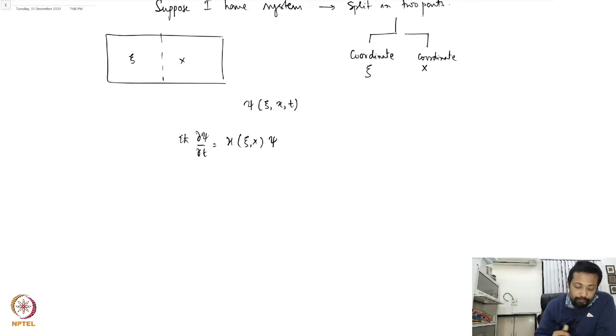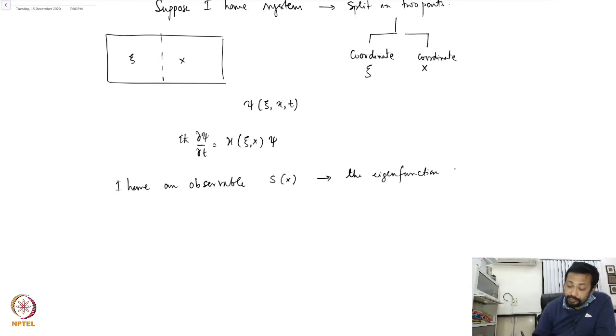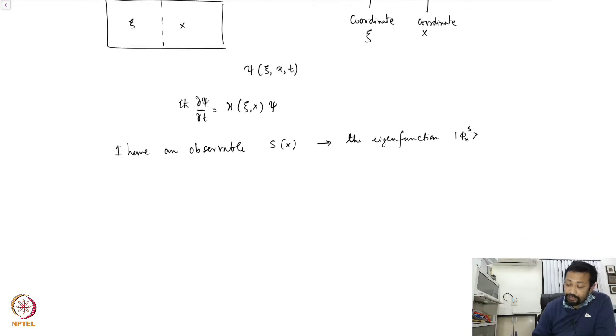So now let's say I have an observable S which only depends on x, and the eigenfunctions, which form a complete set, are given by φ_n(s), right?